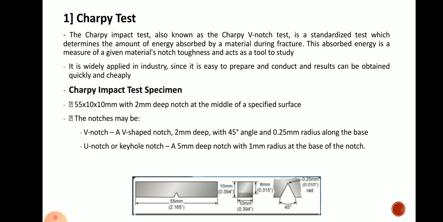The notch may be a V notch or a U notch. If it is a V notch, it is 2 mm deep with a 45-degree angle, and the radius at the base will be 0.25 mm.